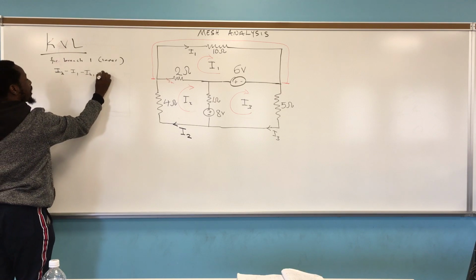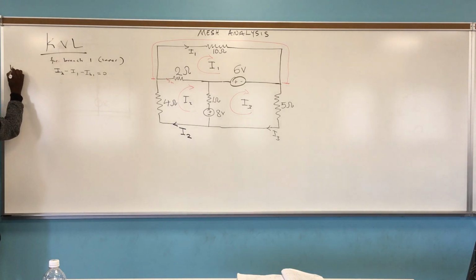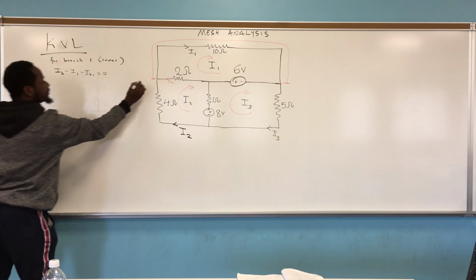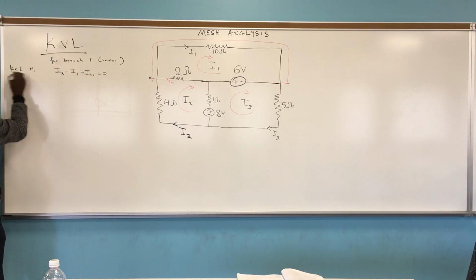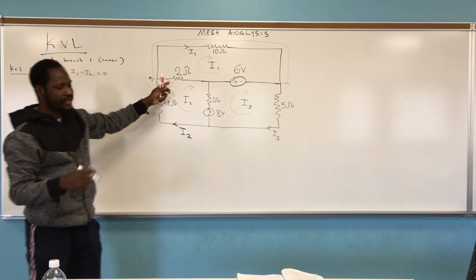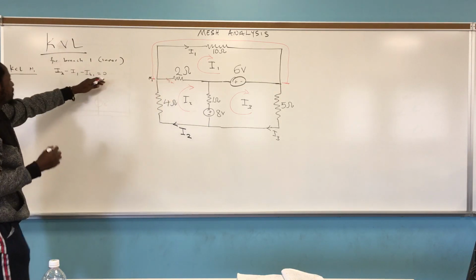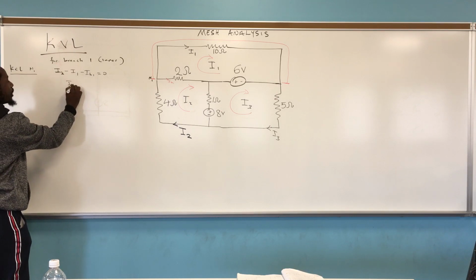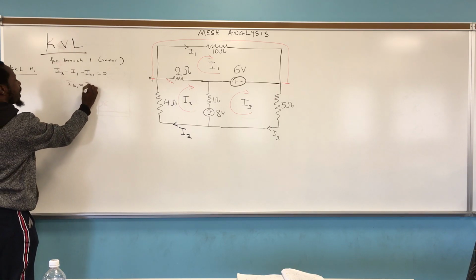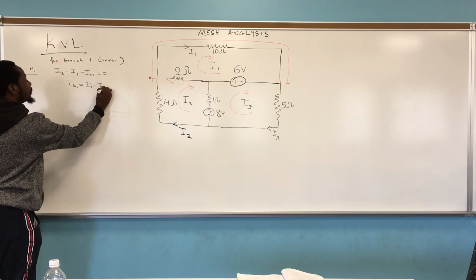So what I'm doing is applying KCL on this node. I'm just labeling it so it's easy, but in mesh analysis, you just skip all this step when you know what you're doing. So I branch 1 is now I2 minus I1.